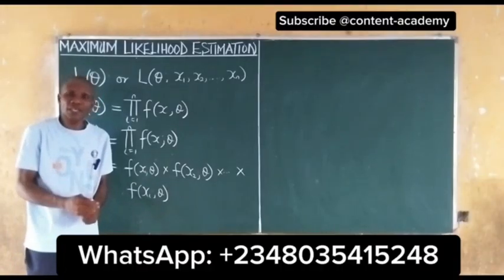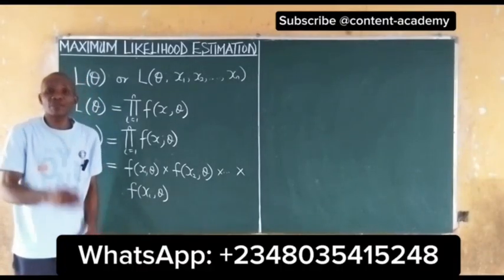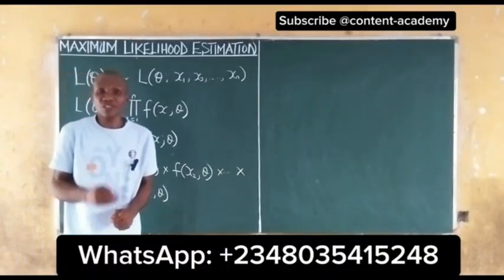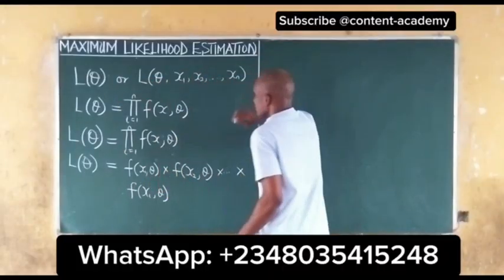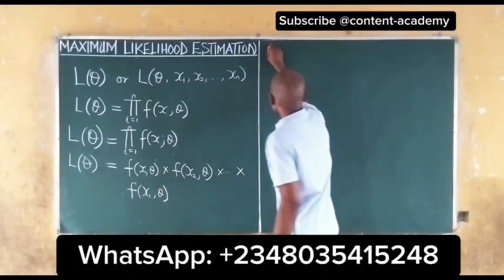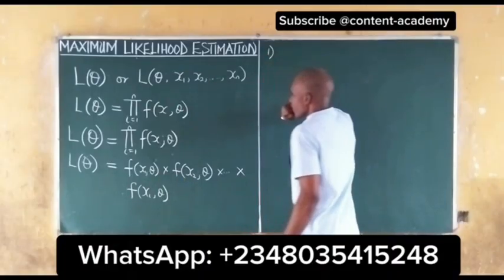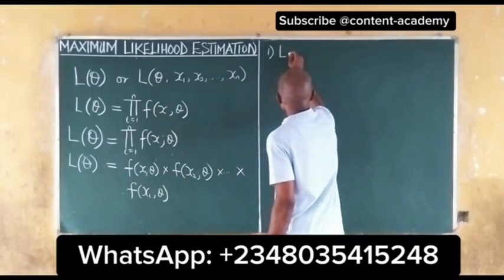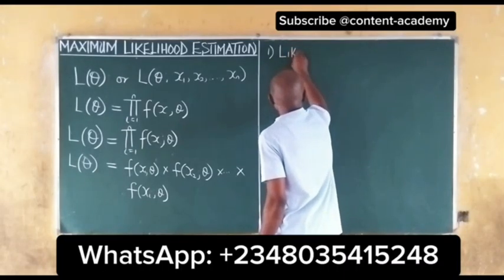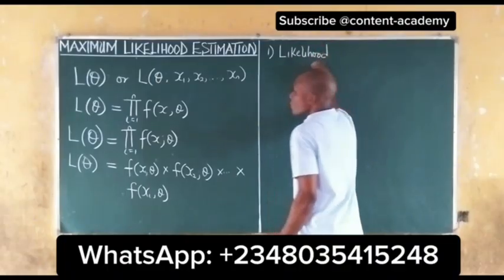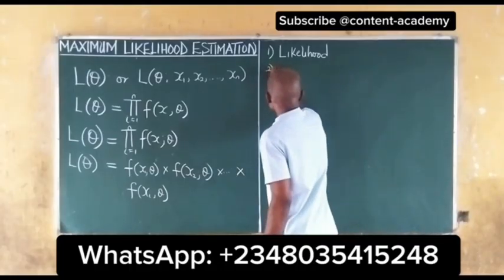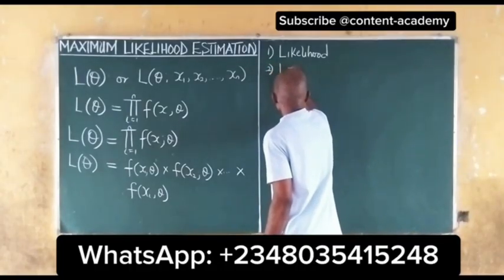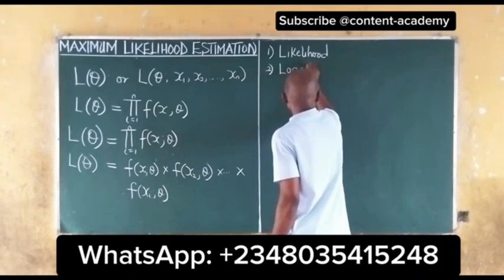Now, how can you obtain the maximum likelihood estimate of any probability distribution? There are simple things you need to do. One of them is to take the likelihood function of that distribution. The second thing to do is to take the logarithm.